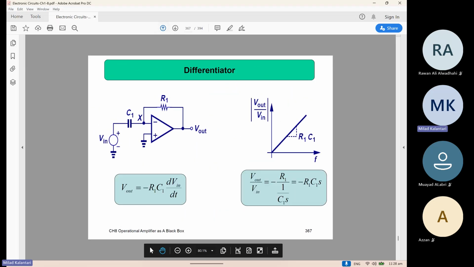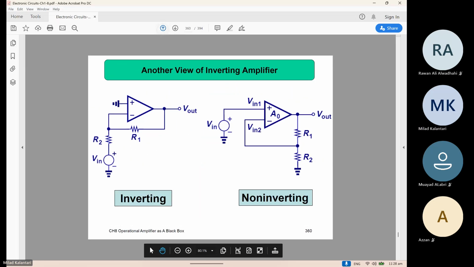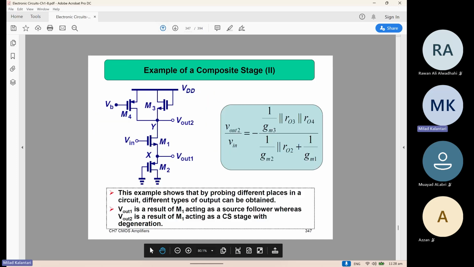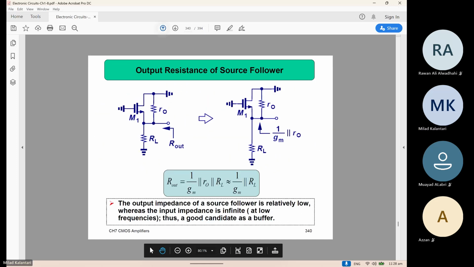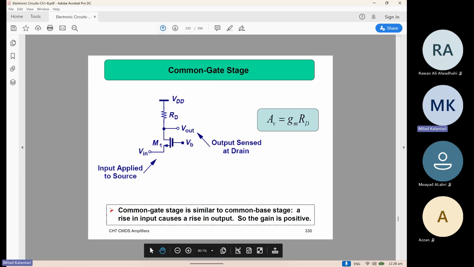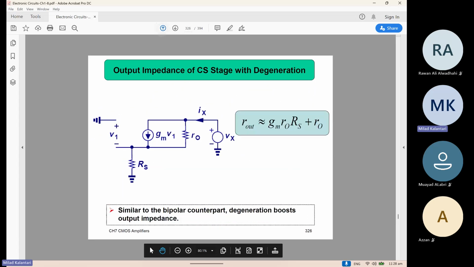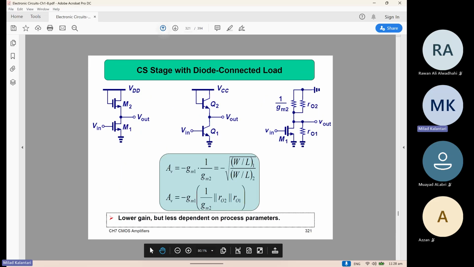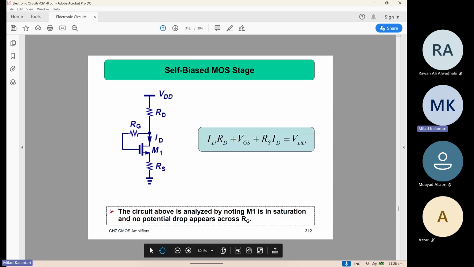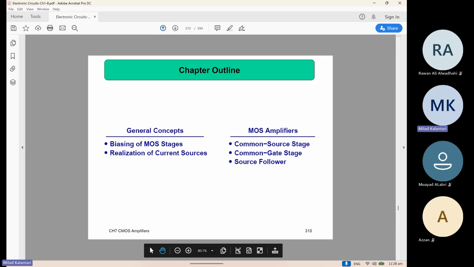Let's start the MOSFET a little bit today. The MOSFET is not that new for you, I guess. It should be okay. We move faster for the MOSFET because the concepts are pretty much similar, just the device itself is a little bit different, right?